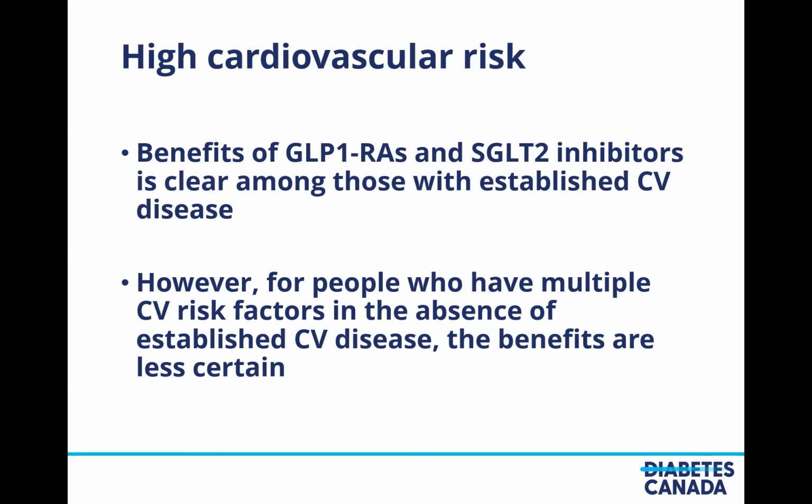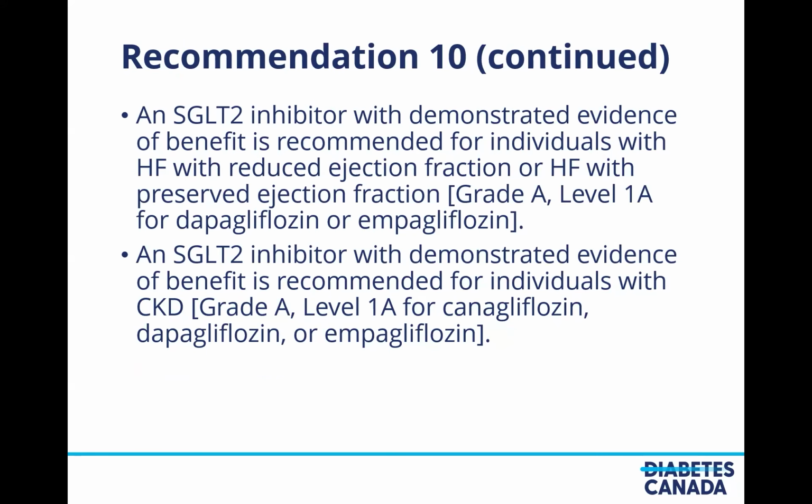So the rest of recommendation 10 looks at other situations other than high cardiovascular risk. We do recommend an SGLT2 inhibitor with demonstrated evidence of benefit for individuals with heart failure with either reduced or preserved ejection fraction. And an SGLT2 inhibitor is also recommended for those individuals with chronic kidney disease.